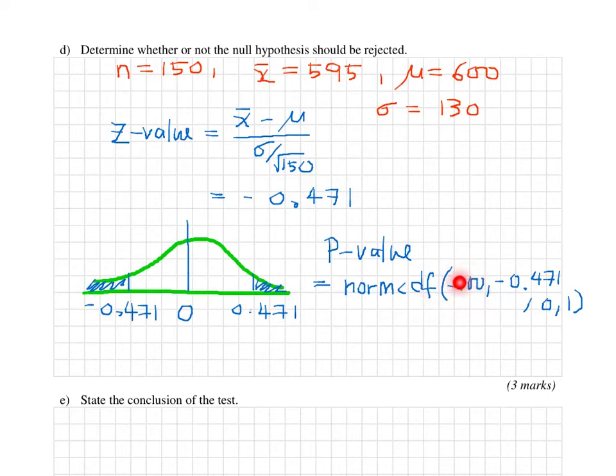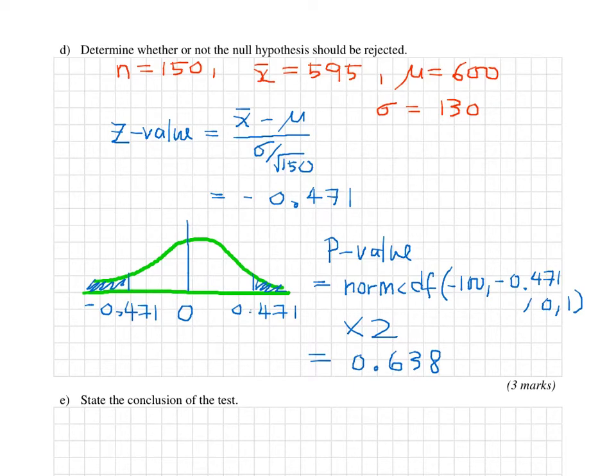Enter a very negative number, negative 100 would be sufficient, to calculate this area, with mean 0 and a standard deviation of 1. However, because we're going to calculate the total of both regions, we multiply the answer by 2, and you get approximately 0.638.